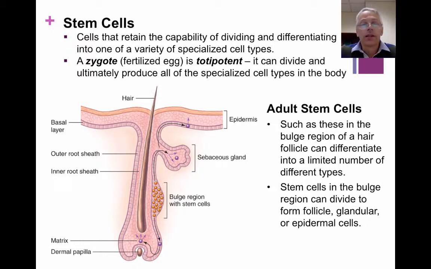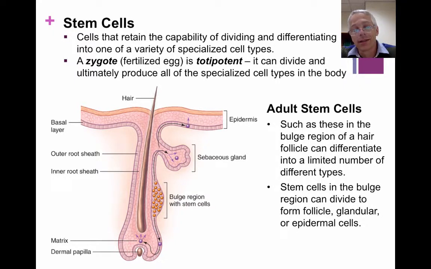Okay, stem cells are an important thing that you guys are introduced to in this chapter. Stem cells, as it says on the slide, are cells that have the ability to divide and to specialize into different types of cells. The ultimate stem cell is the fertilized egg.